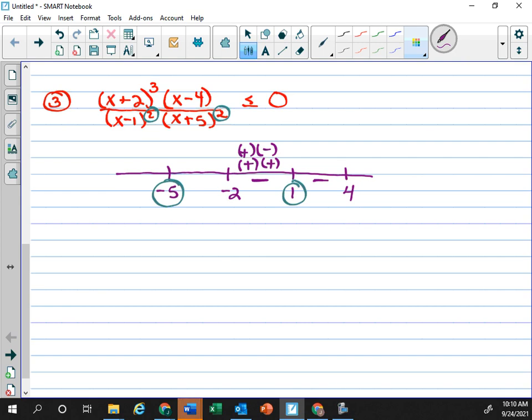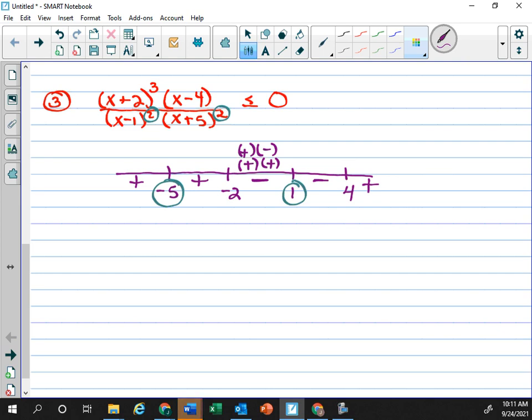But then it'll alternate after that. So the other side of 4 will be positive. Okay? Around negative 2, it should alternate. So it was negative on one side, it'll be positive over here. But then negative 5, that's got even multiplicity, same thing on both sides, so this is a plus. A little better with the multiplicity?